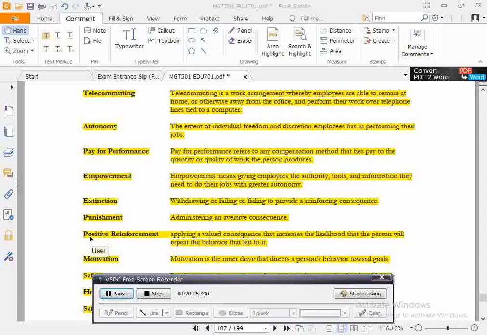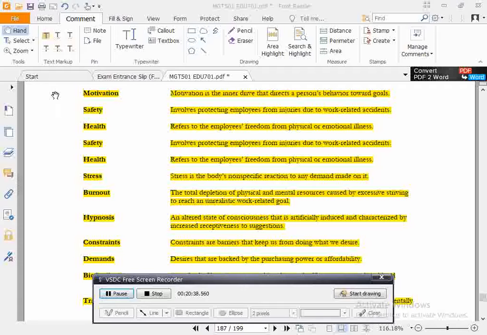Positive reinforcement: applying a valued consequence that increases the likelihood that the person will repeat the behavior that led to it. Motivation is the inner drive that directs a person's behavior towards goals.